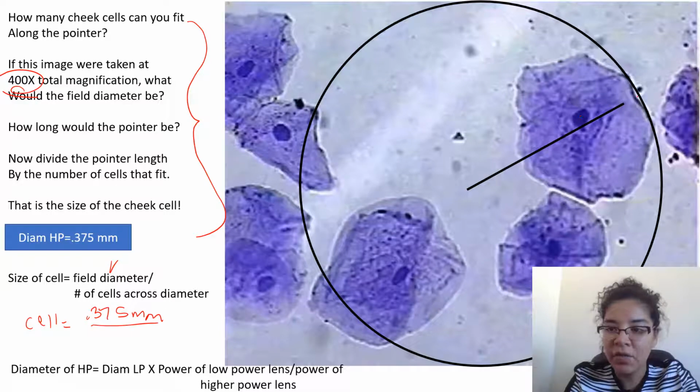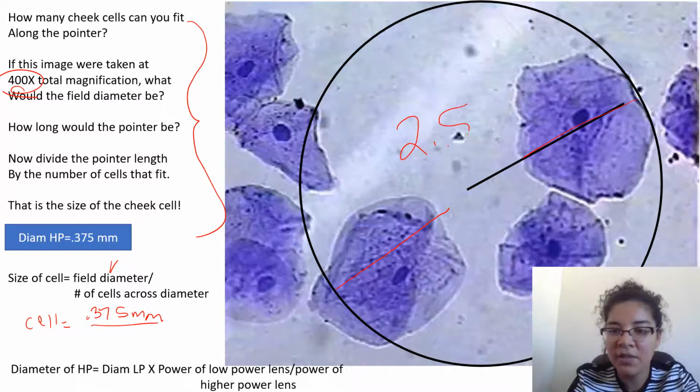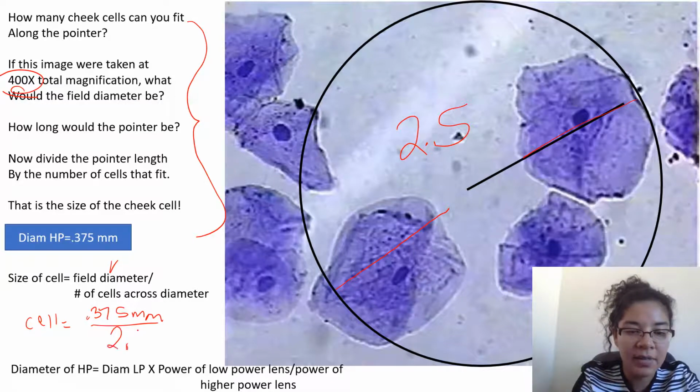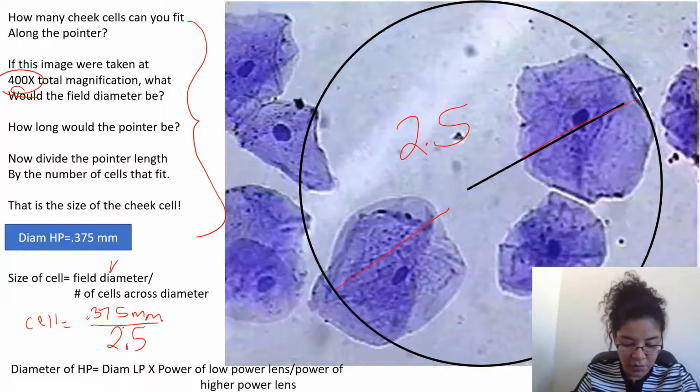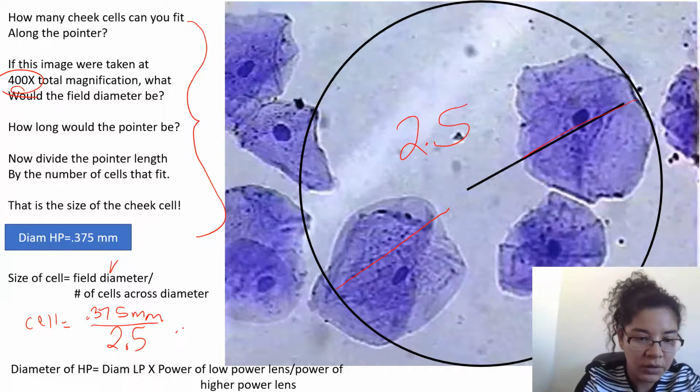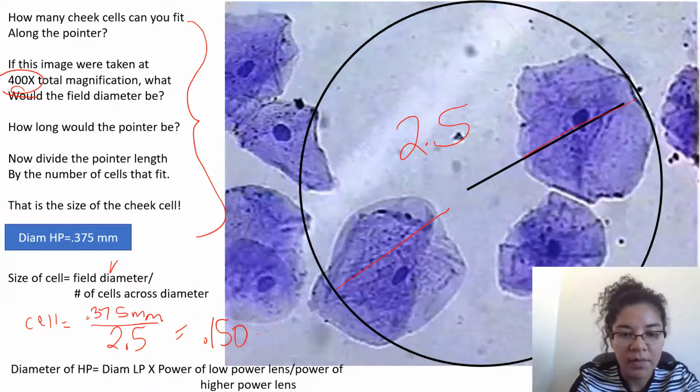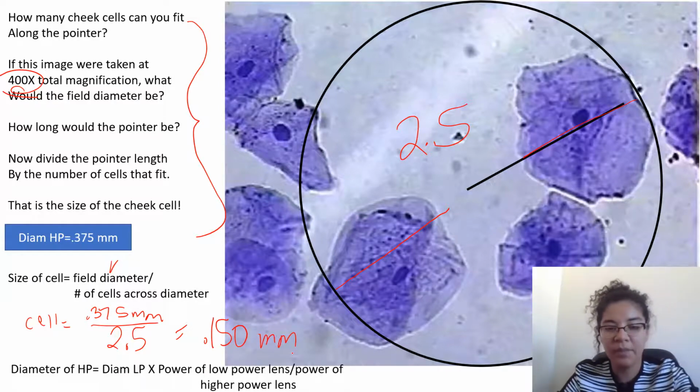One fits here, and this one, if I moved it a little, would take up about that much space, so I think I could fit 2.5 cells here. So 0.375 divided by 2.5 gives the size in millimeters for one cell.